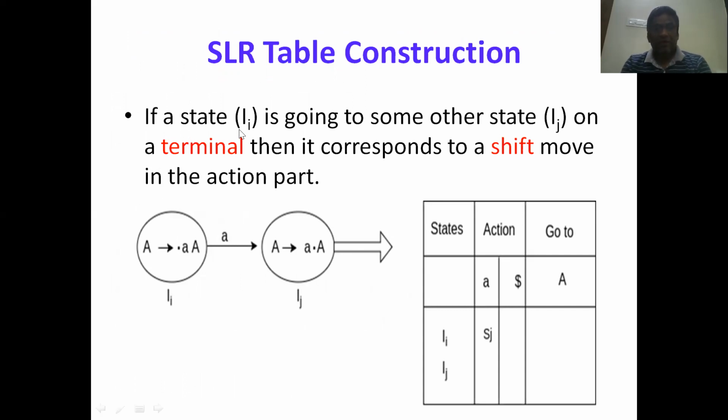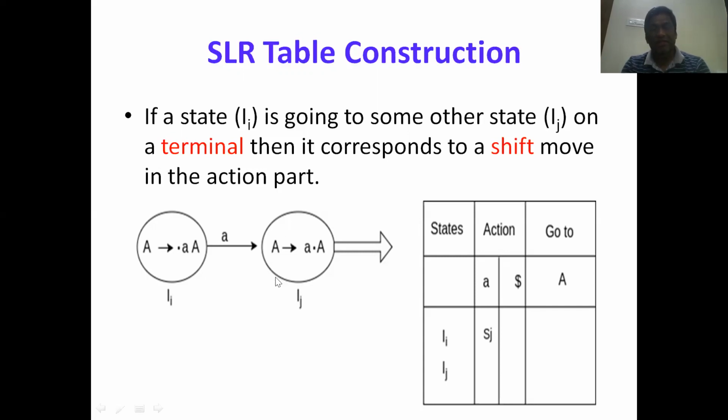The shift operation will be defined like this. If a state Ii is going to some state Ij on a terminal, then it represents a shift operation. How to define this? Let us say this is state Ii. On a terminal, it is going to another state Ij.